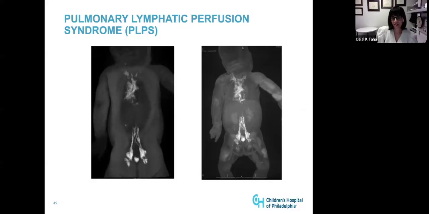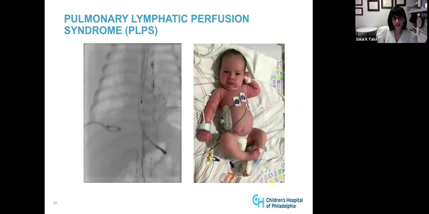And you can see it on the video and the static image. And so at the same procedure, Lipiodol was injected, and you can see the bubbles of oil sort of going out into the abnormal channels where they will just mechanically block off those channels, and they'll end up going away.